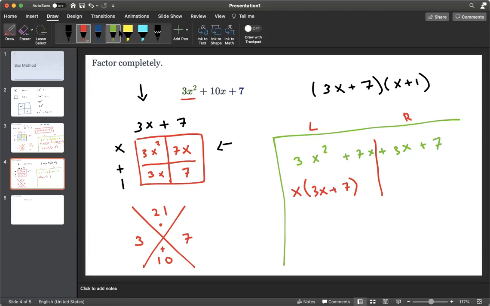On my right side, I first look at this x. It is positive. So we pull out a positive number. They have nothing in common except for 1. So we get 1 times 3x plus 7. And our factored form becomes 3x plus 7 times, what do we have left over? We have an x and we have a plus 1.